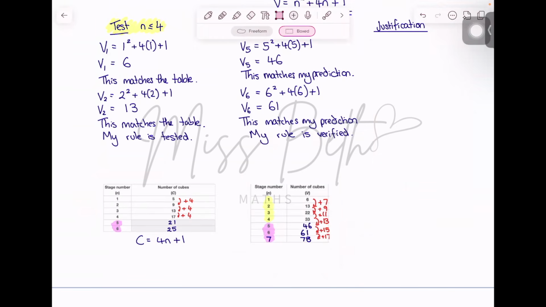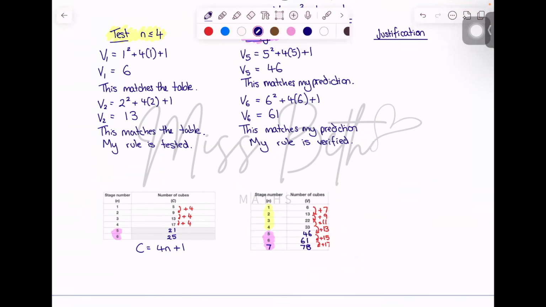So if you look at stage 1 for the number of cubes in C versus V, you can see that we've gone from 5 to 6 cubes. So we've added 1. For the next stage, we went from 9 cubes to 13. So we added 4.